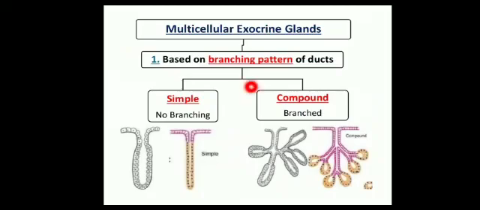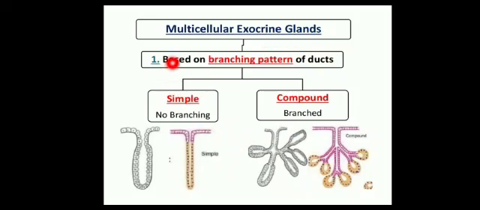Now we will see the classification of multicellular glands. In unicellular, we have seen the goblet cell, which is a unicellular gland. Now we are studying the classification of multicellular exocrine glands.